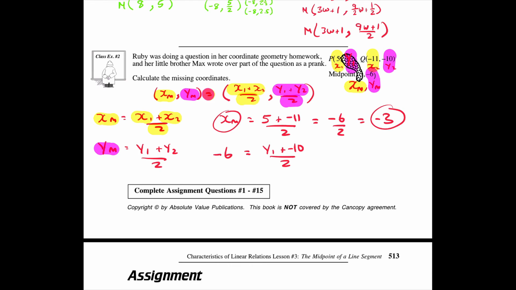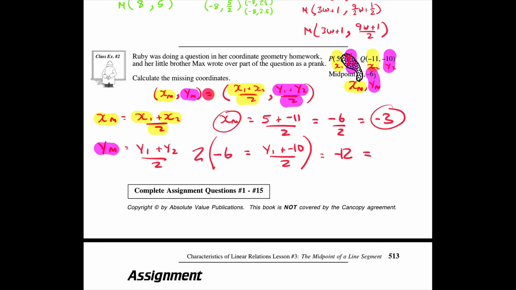So this one's a little bit more complex because I have a denominator of 2, and the first thing I want to do is get rid of that 2. So we're just going back to basic algebra skills. In order to get rid of that denominator, I'll put brackets around this and multiply everything inside the brackets by 2. So 2 times negative 6 gives us negative 12 on the left side of the equal sign.